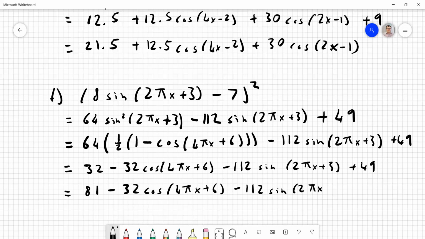And that gives us our final answer, 81 minus 32 cos 4 pi x plus 6 minus 112 sine 2 pi x plus 3. And that concludes all of question 1 from outcome 1, worksheet 1.